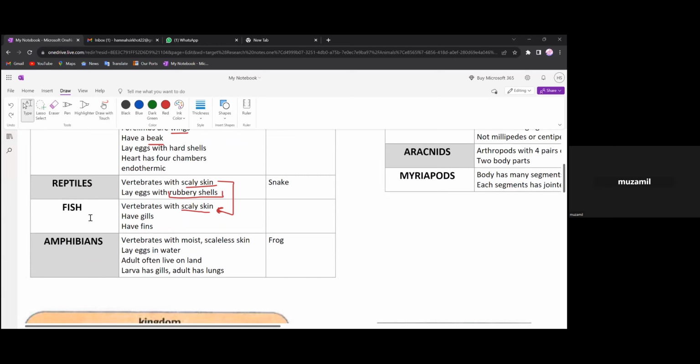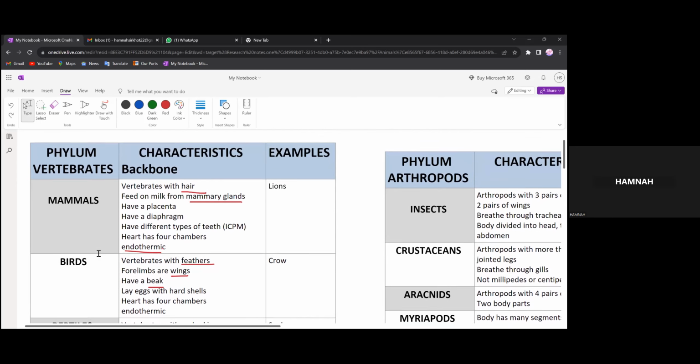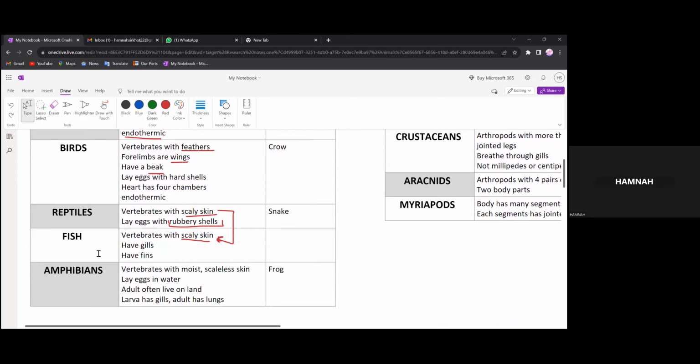The adults often live on land and underwater. They live on land and underwater. If you ever need to explain to a kid or to anyone what amphibians are, you just tell them these are the vertebrates that live on land as well as underwater.